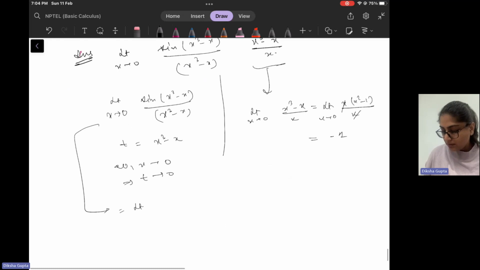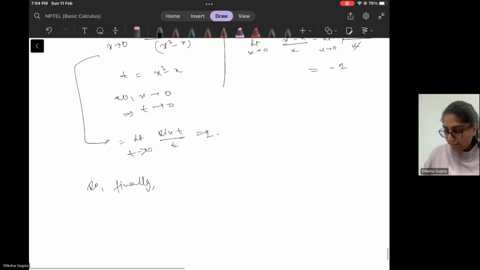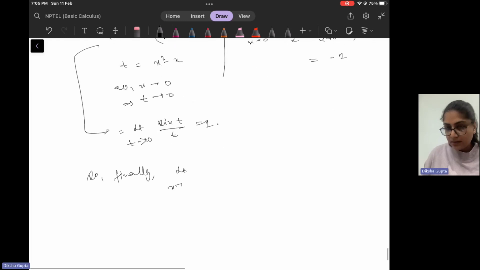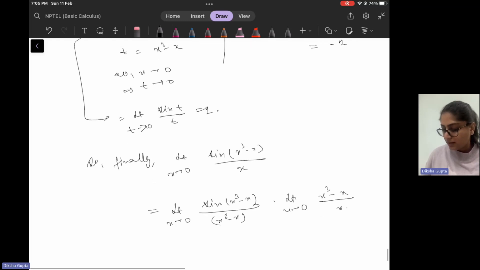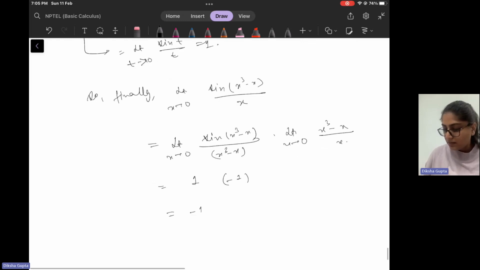So this limit is equal to limit t tending to 0, sine t upon t, which is 1. So finally, limit x tending to 0, sine of x cube minus x upon x is limit x tending to 0, sine of x cube minus x upon x cube minus x, into limit x tending to 0, x cube minus x upon x. Because both of them are finite, we have separated them, and this was coming out to be 1 and this was coming out to be minus 1, so the limit is minus 1.